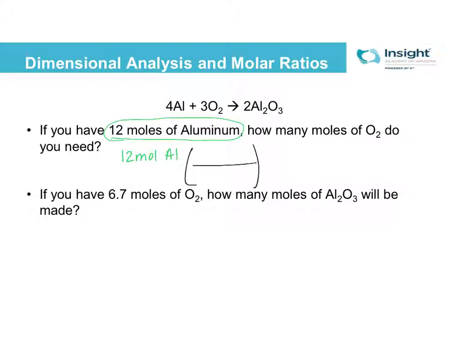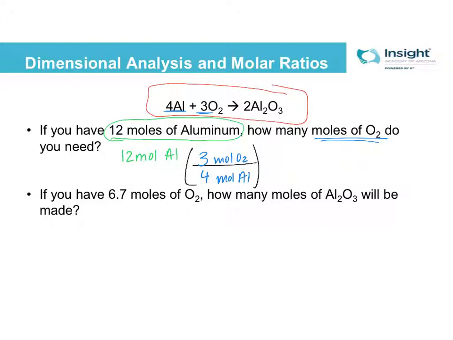On the inside of the parentheses, my molar ratio, I'm going to put moles of aluminum on the bottom because that's what I want to cancel out. On top, I'm going to put what I need to go to, moles of oxygen. And where do I get the numbers for the molar ratio? Your balanced equation. Aluminum is 4, oxygen is 3.